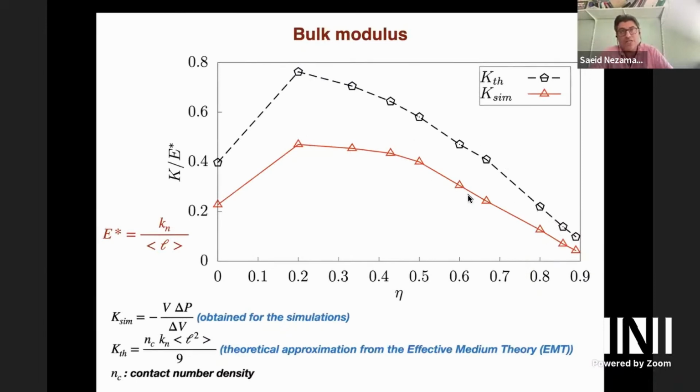The curve is close to its estimate from the effective medium theory, the black curve. From this expression, we can say that the decrease of bulk modulus is mainly due to the decrease of L squared, if you look at this equation.